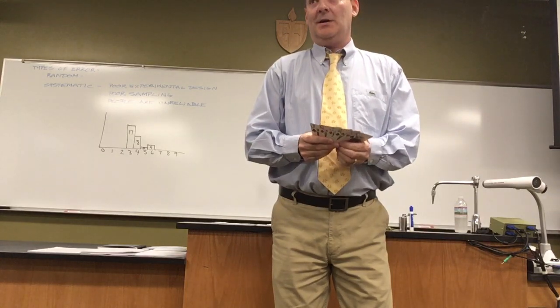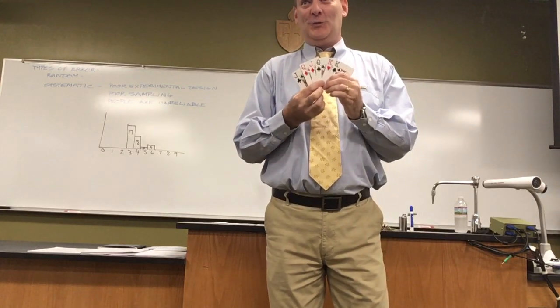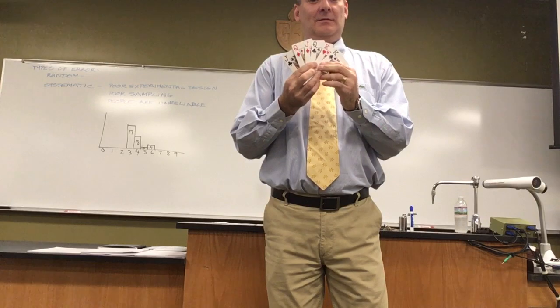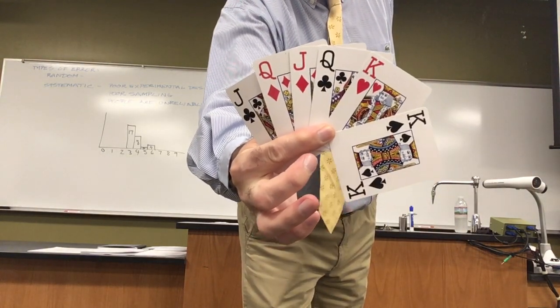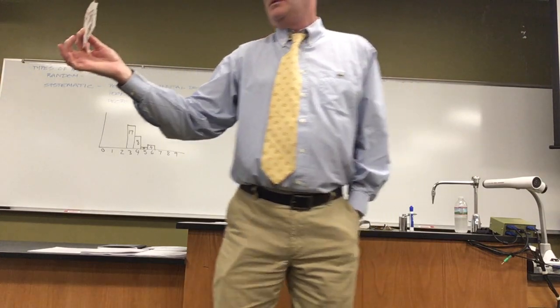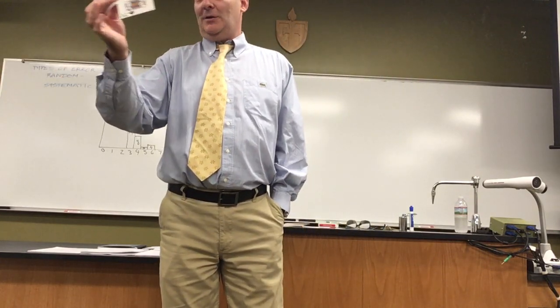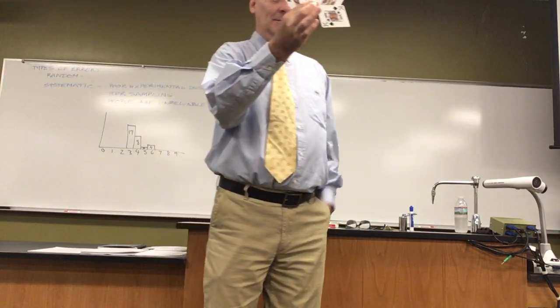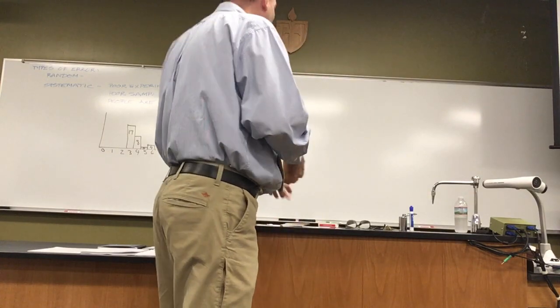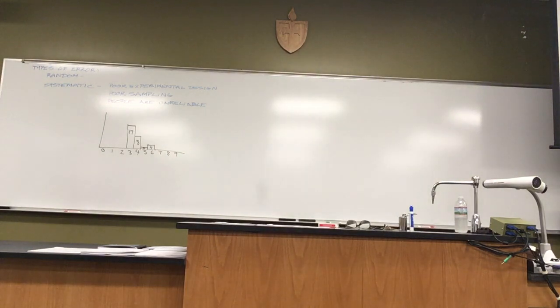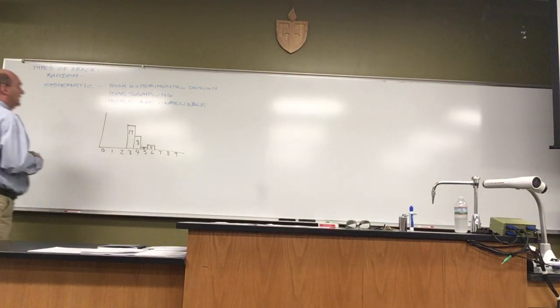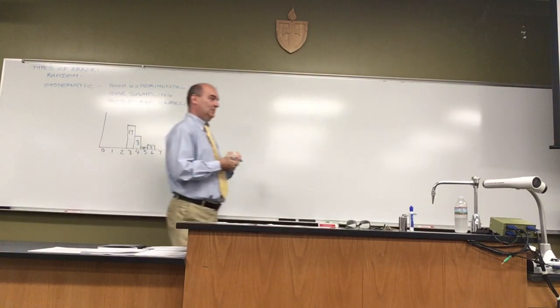You're going to need to pick a card. Don't say it. Don't write it down. Just think it. Don't think it out loud. Think of a card. Pick that card. Okay? Now, while you've got that card in your mind, think about its shape.